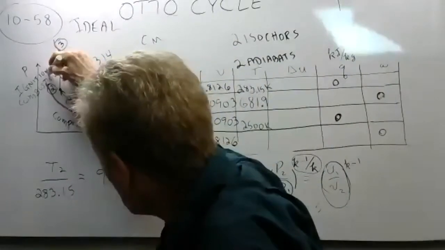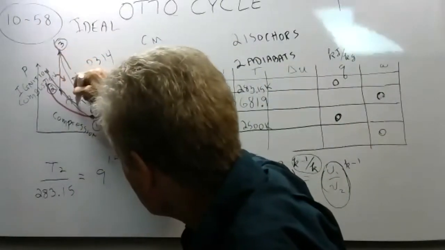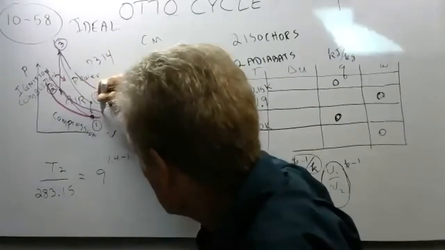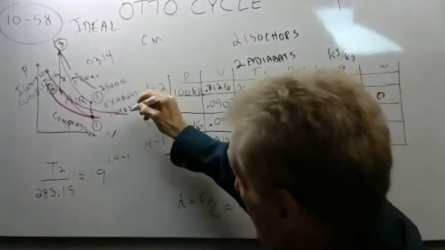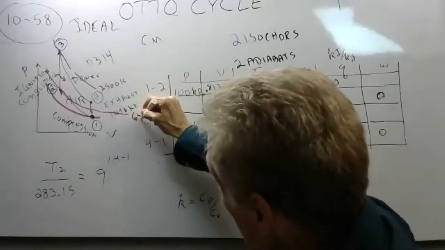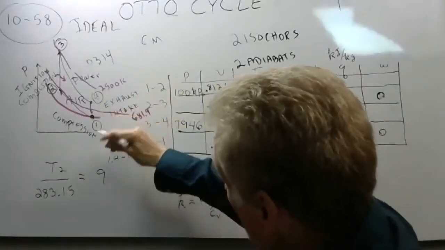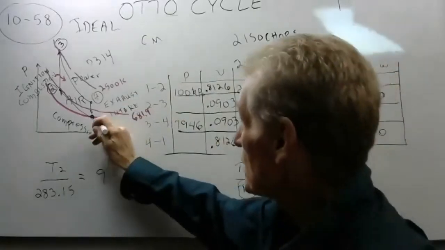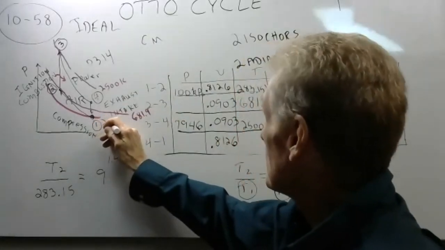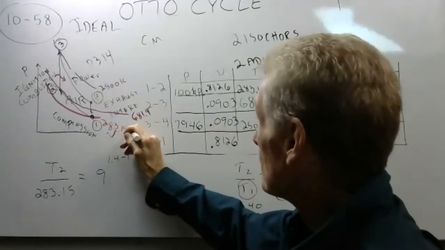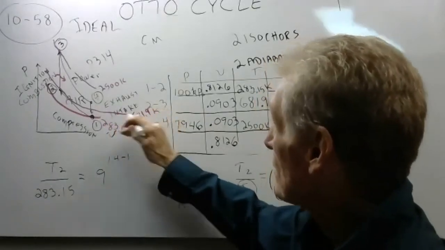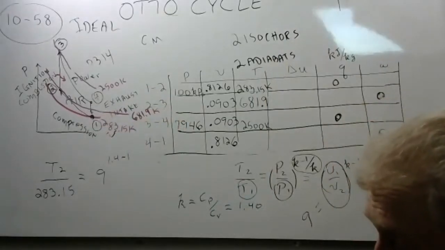Here's state 2. We just figured out state 2 is 681.9. See, the temperature at 1 is 283.15. And we're coming right along.